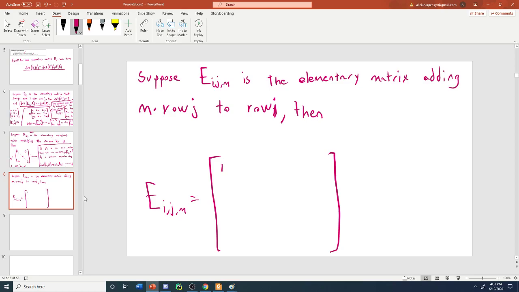You'll get 1s down the diagonal, and this will be the ith row. This will be the jth row. And what we're doing is we're adding m times row j to row i, so we need to put an m here. And then we put zeros everywhere else.